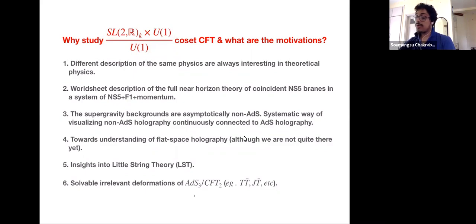So already at this level, this coset teaches us in some way how to flow away from AdS and study holography in non-AdS spacetimes, namely flat spacetime with a linear dilaton that is continuously connected to AdS. So whatever you calculate there, you have the AdS limit where you can check whether it agrees with the results known from 20 years ago.